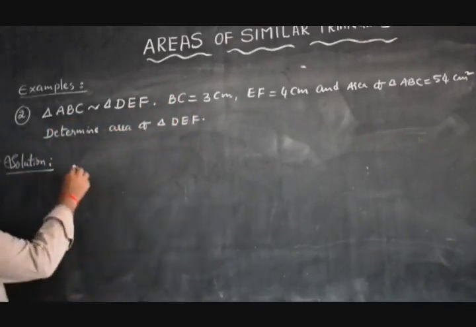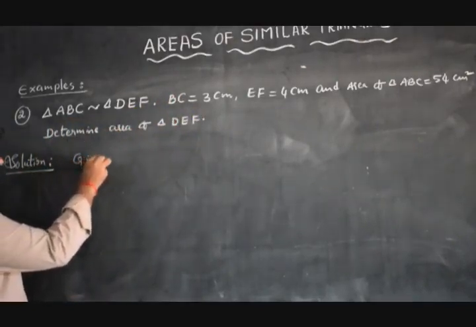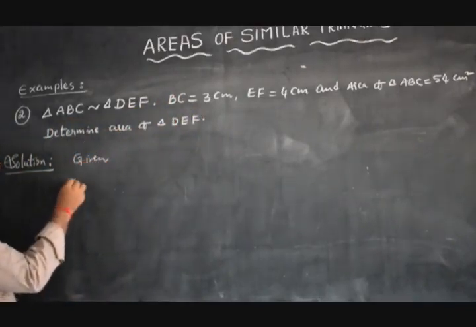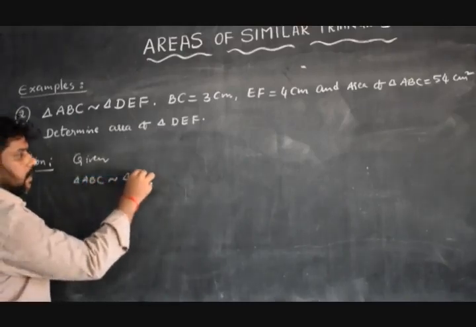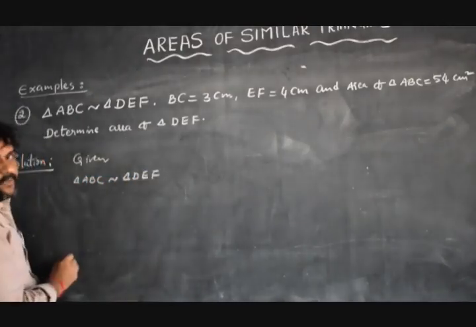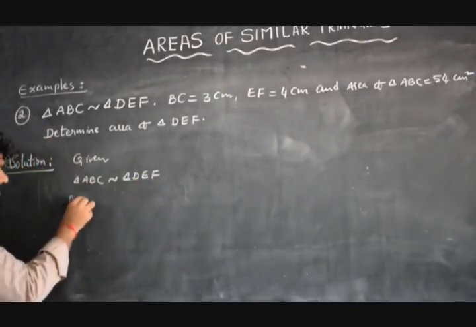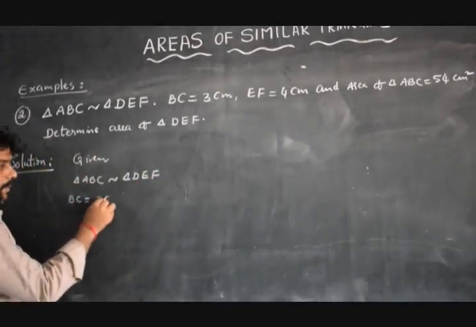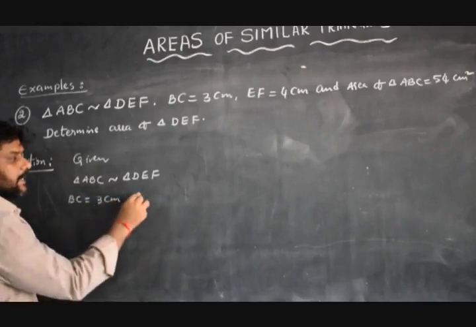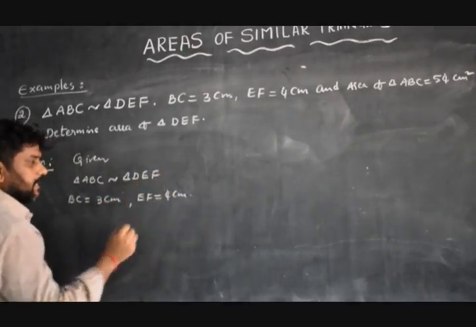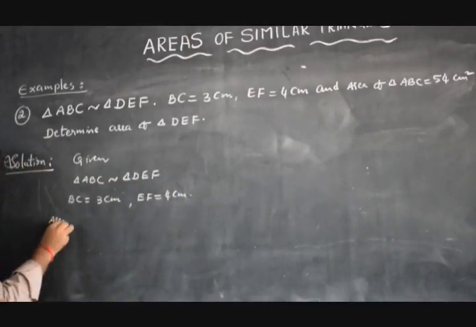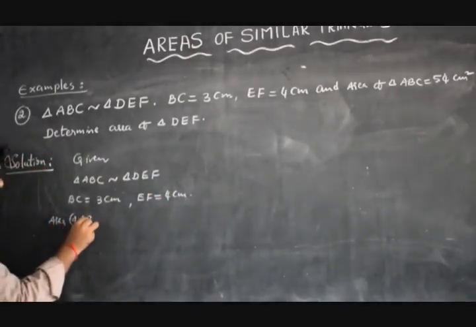How to find? First of all, they have given that triangle ABC is similar to triangle DEF. Two corresponding sides are given, BC 3 centimeters, EF 4 centimeters, and the area of one triangle is given.